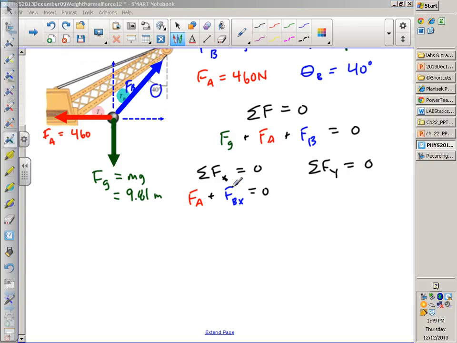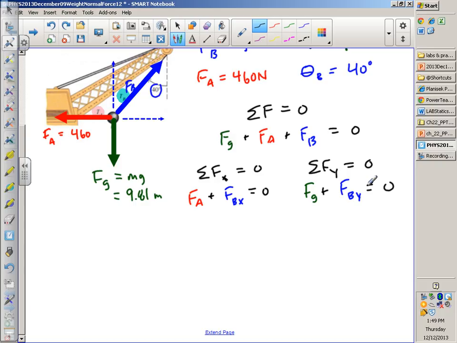And then on the y-axis, we have another two forces, right? We have gravity on the y-axis plus F of B, but it's not all of F of B, right? It's just what? The y component, and those two together have to equal 0.